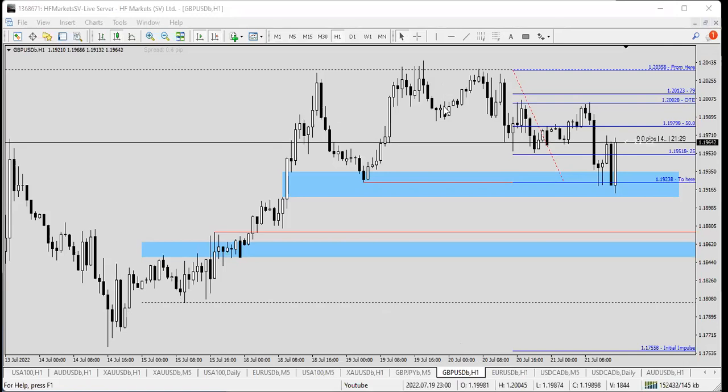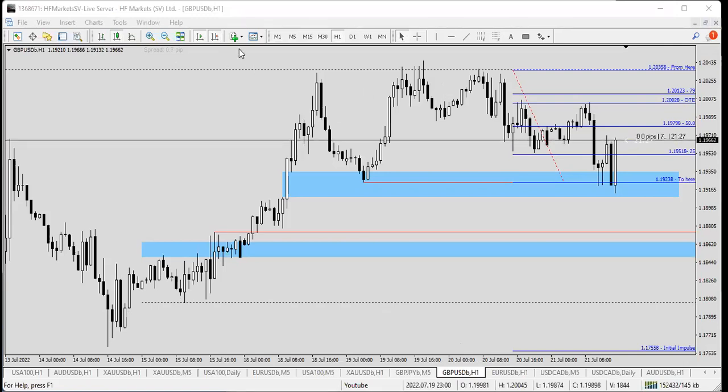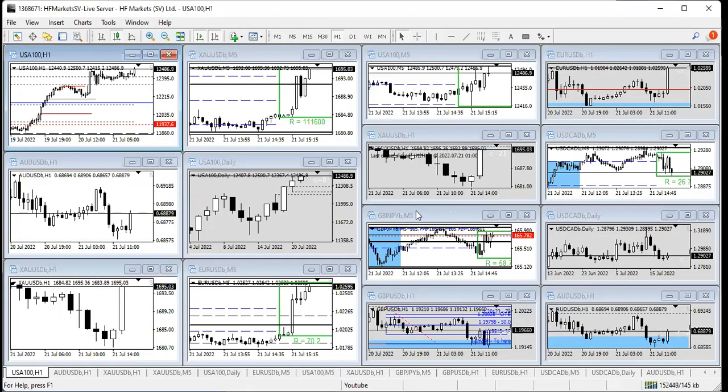So if I was to have multiple charts up, I would have 3 charts up and no more than 3. 2 is ideal, but 3 charts gives you a little bit more. Daily, H1, M5. That's all.